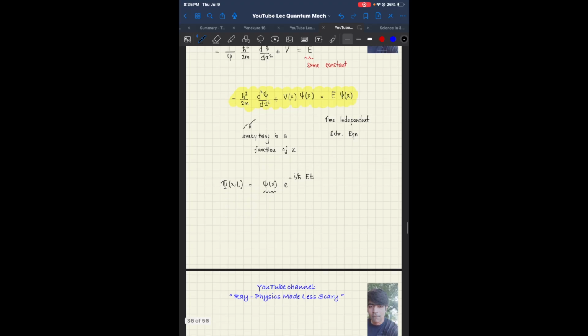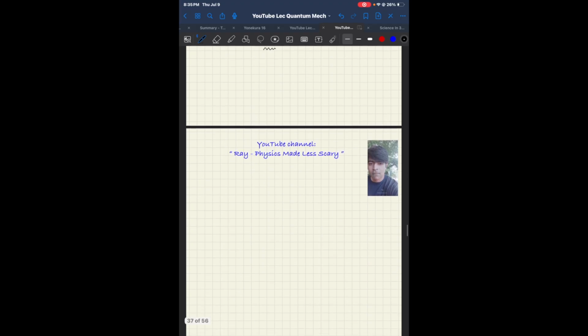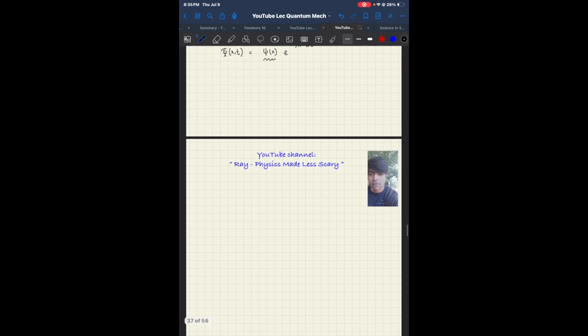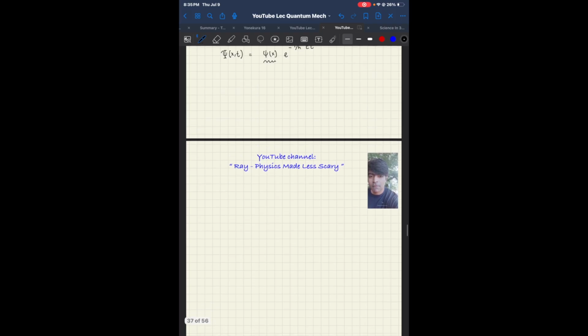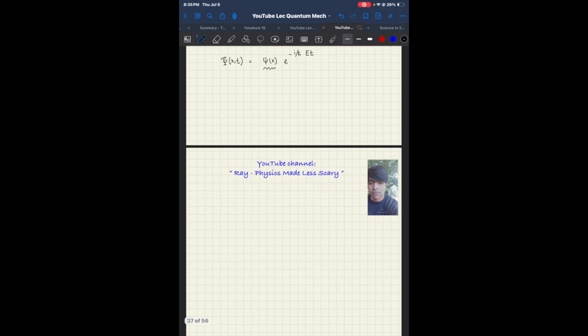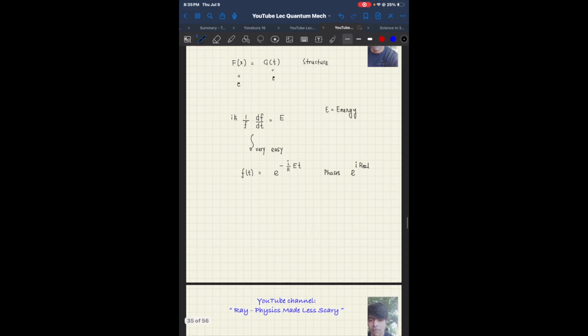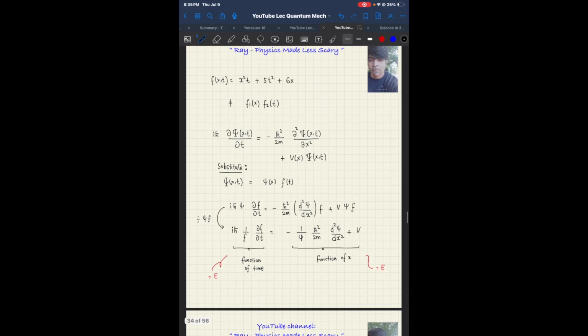So what I also wanted to highlight is why do I care about these solutions? Well, for one, as you saw, this helps you solve this complicated differential equation.